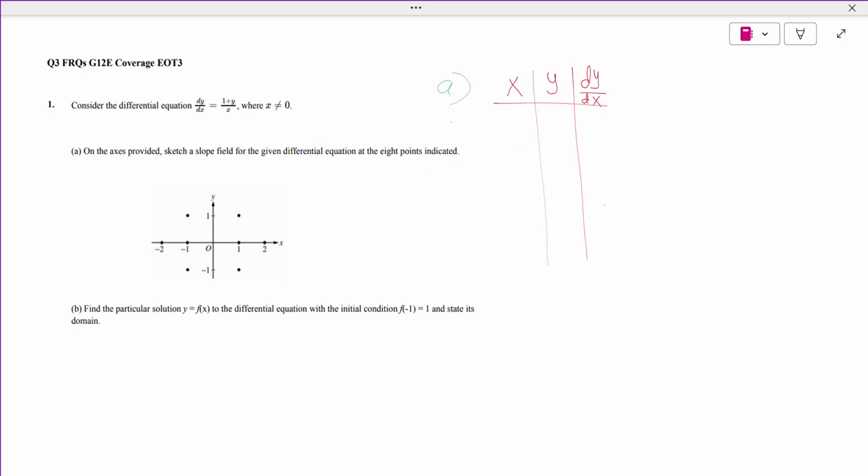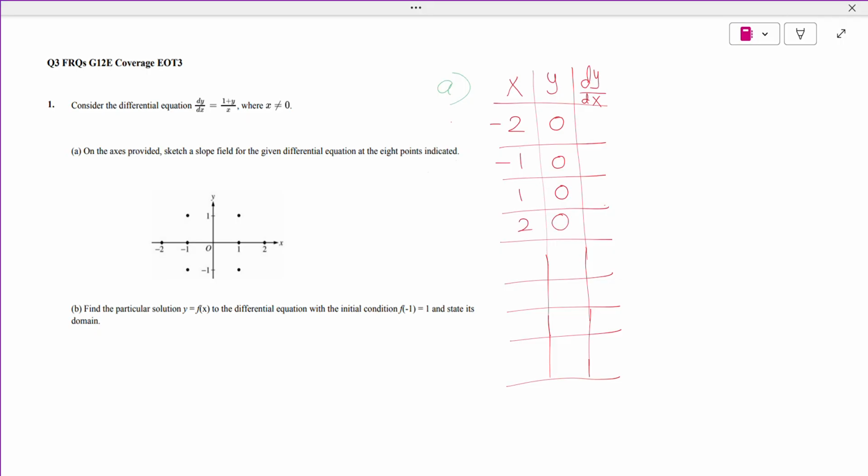There are 8 points, right? 1, 2, 3, 4, 5, 6, 7, and 8. Now, let's start from the middle row. The middle row, from left to right, is negative 2 and 0, negative 1 and 0, 1 and 0, and 2 and 0, right?